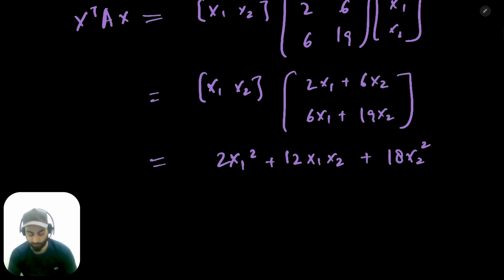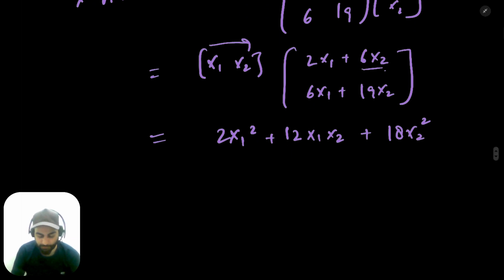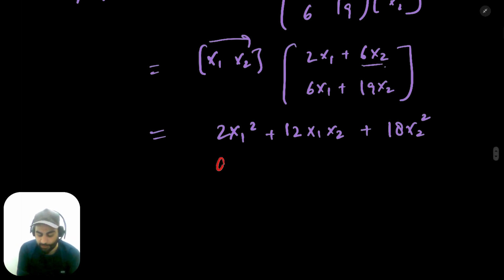Just check the calculations though. So now I'm taking this and multiplying with this. I think this is the equation. This is in the form of ax square plus 2bxy plus cy square. So it is in this form if you see this equation.